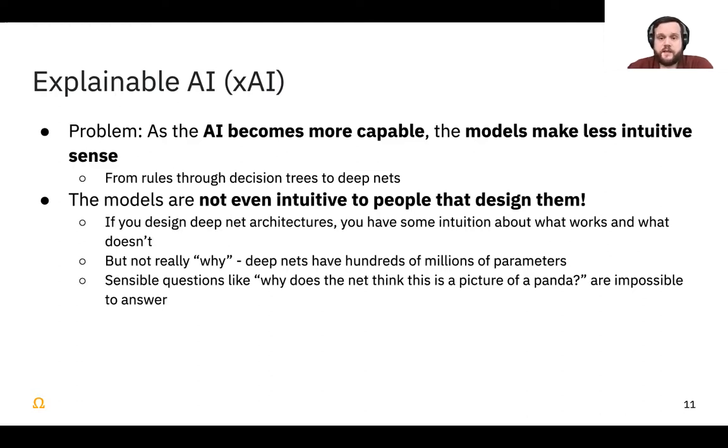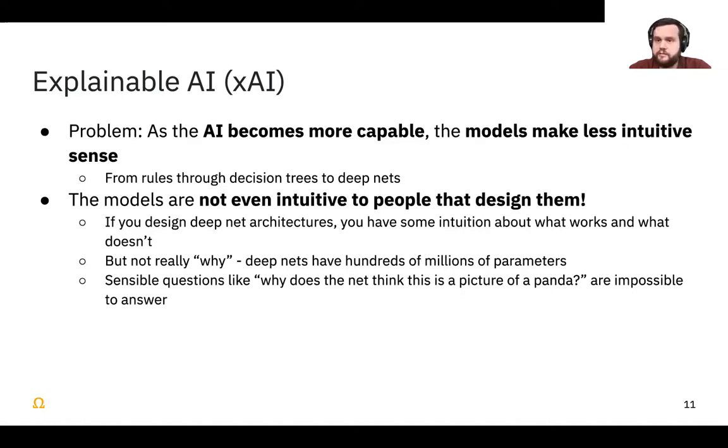And the problem is that the models are not even intuitive to people that design them. So it's not that it's not intuitive to the casual community or to the lay community. But if you design deep net architectures, you of course have some intuition about what works and what doesn't, but you don't really know why, because deep nets have hundreds of millions of parameters, and sensible questions such as why does the net think this is a picture of a panda are impossible to answer.